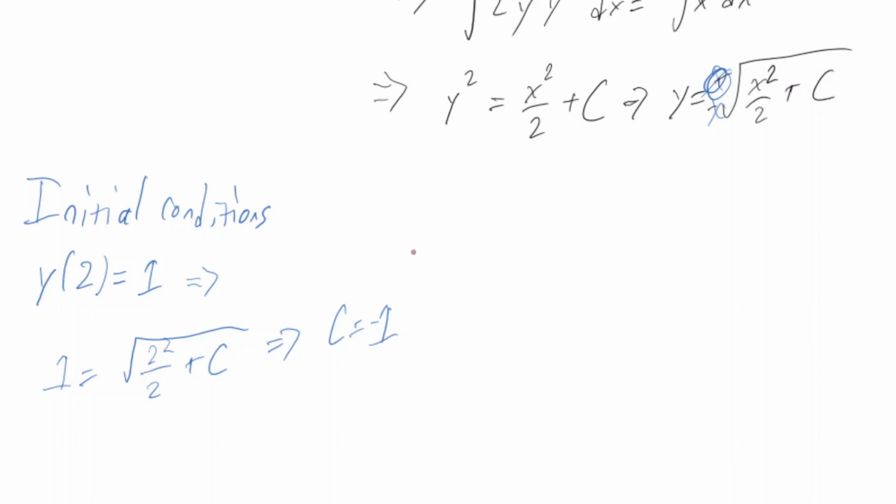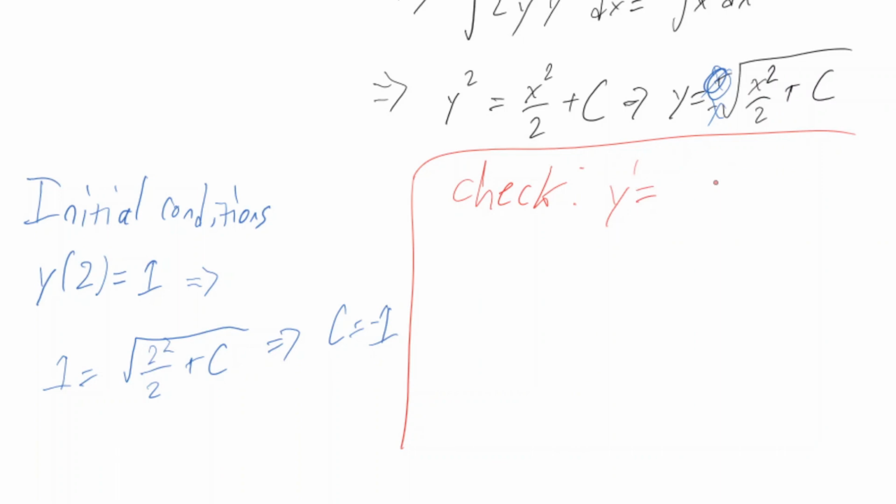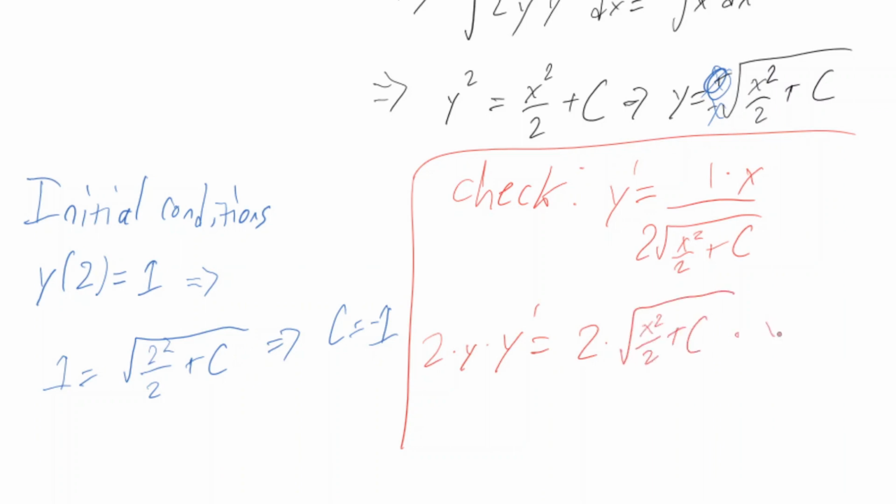Now let's check that this is actually a solution. If we take the derivative, by power rule and then chain rule, y prime is 1 over 2 square root of x squared over 2 plus c, times the derivative of x squared over 2 plus c, which is just x. Plugging this into 2y y prime, we get 2 times y times x over 2y.